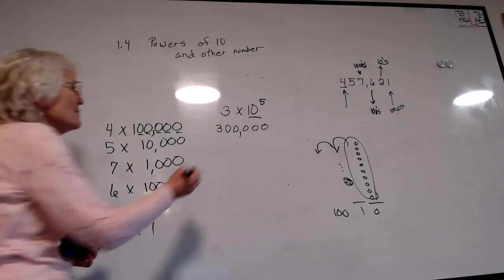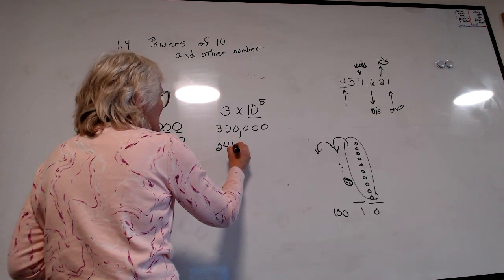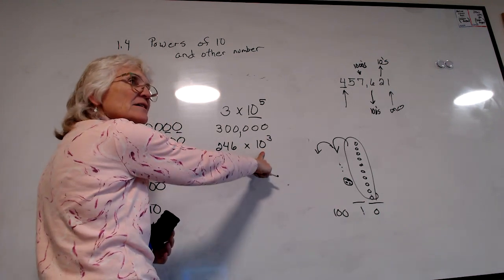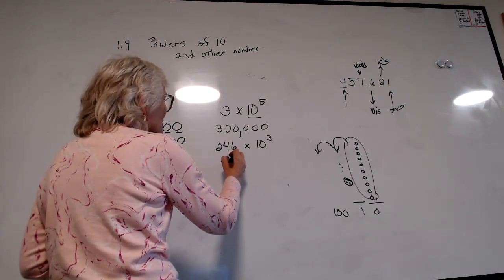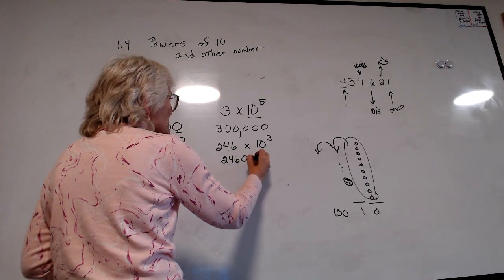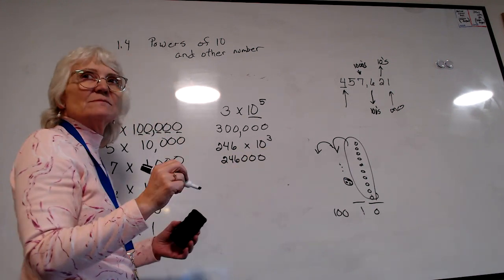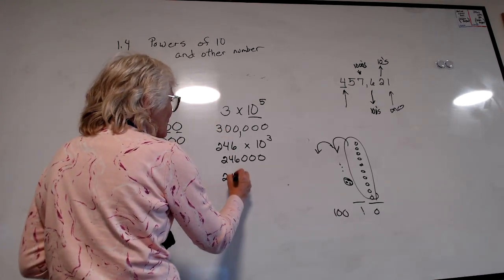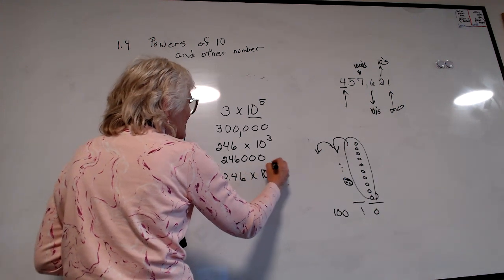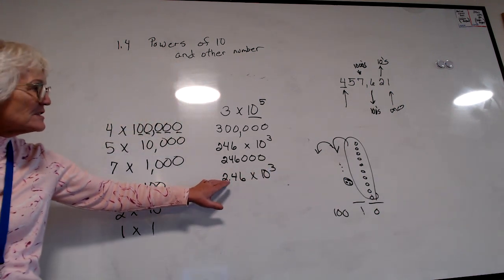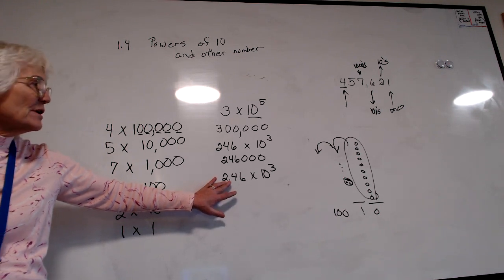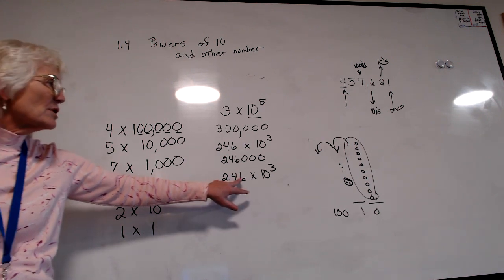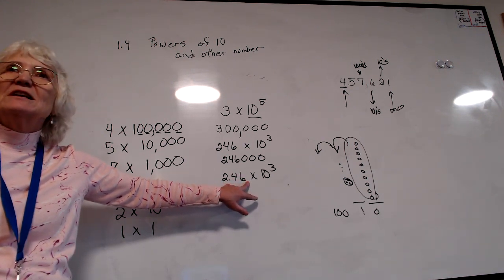If I have the number 246 times 10 to the 3rd, I'm going to add 3 zeros, because it's 246,000. Now, if I had 2.46 times 10 to the 3rd, that's a little different. The first time I multiply by 10, it will bring me to 24.6. The second time I multiply by 10, it will give me 246.